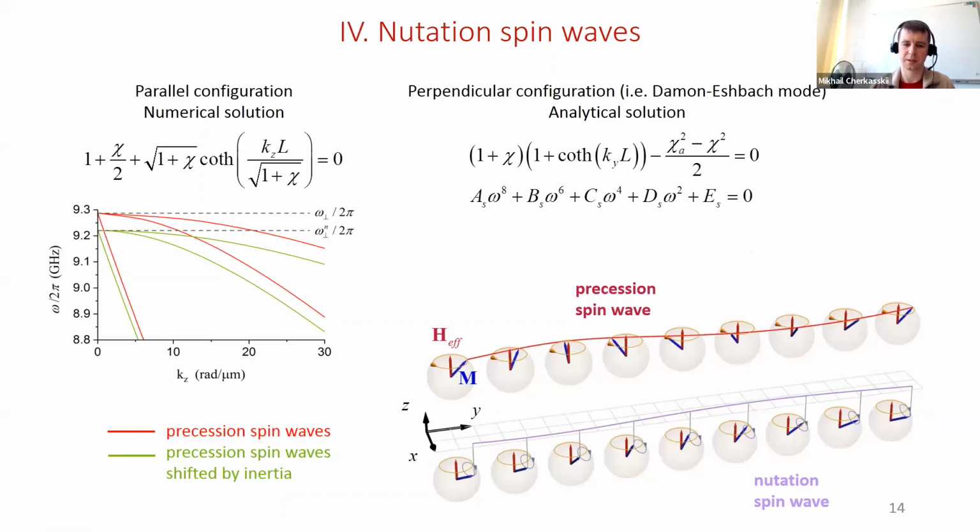First, this is the shift of the precession spin waves, and the next one is that we have additional nutation spin waves, which can be seen as a small wiggling of the magnetization at an almost constant azimuthal angle, because the frequency of these nutation spin waves is way greater than the frequency of the precession spin waves.